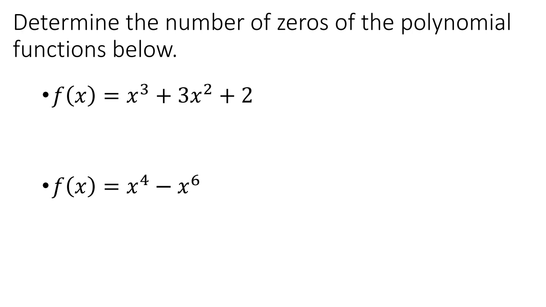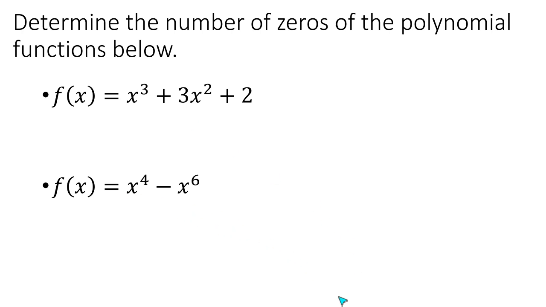Here it says determine the number of zeros of the polynomial function. To determine the number of zeros, you want to look at the degree of the polynomial, which is the term with the highest exponent. In this case, we have an exponent of 3 and an exponent of 2. So 3 is bigger than 2, so the degree is going to be 3.